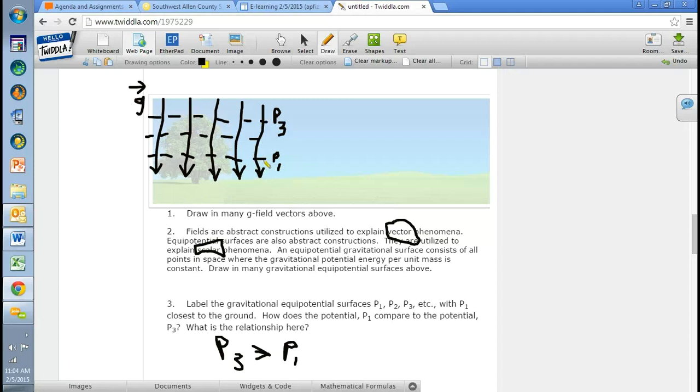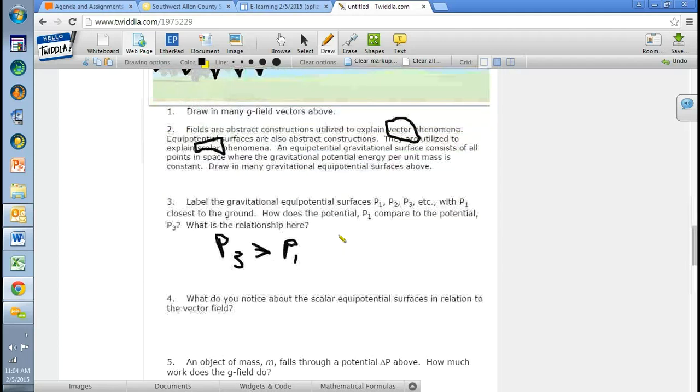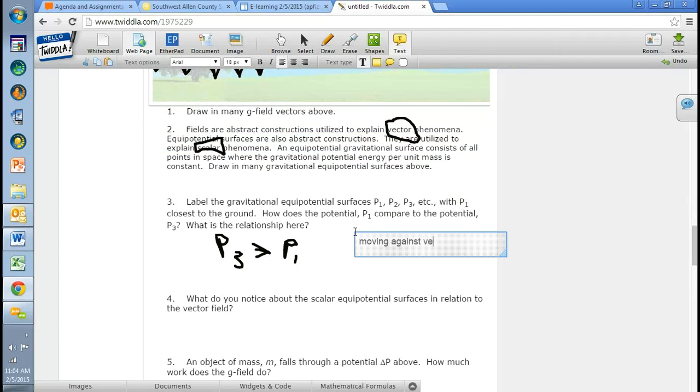Notice that to get greater energy, do I go with the vector or against the vector? Against the vector, right? So I'm going to write that. Moving against the vector, actually G field, you increase in potential energy.